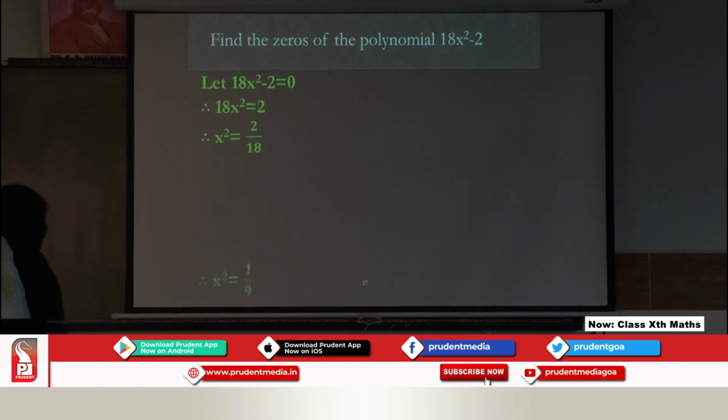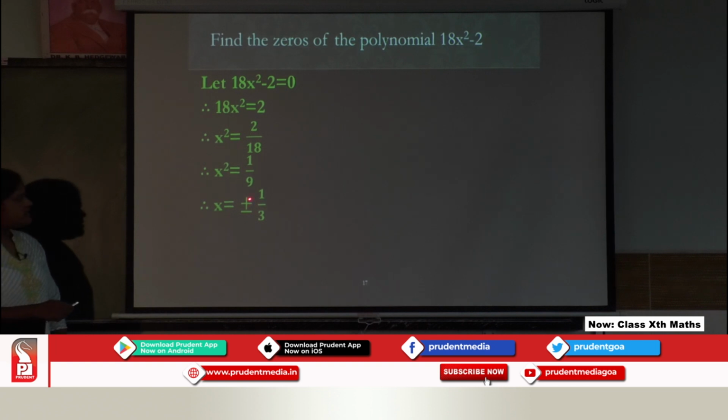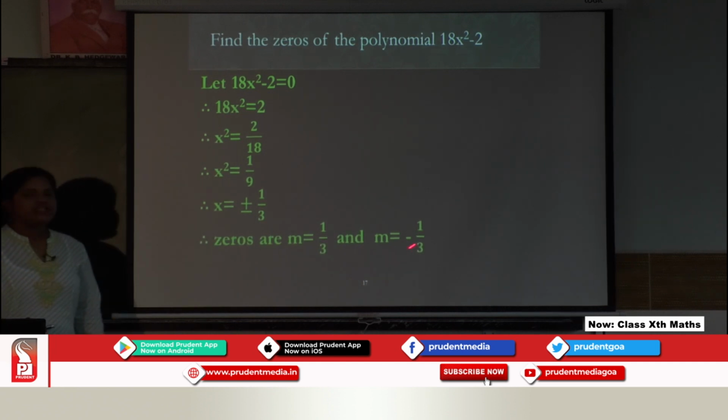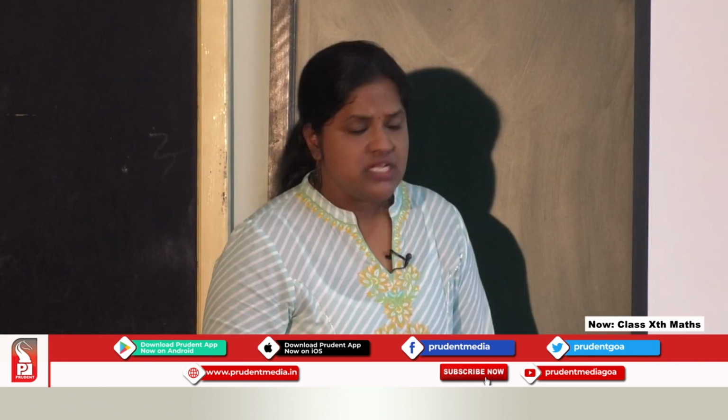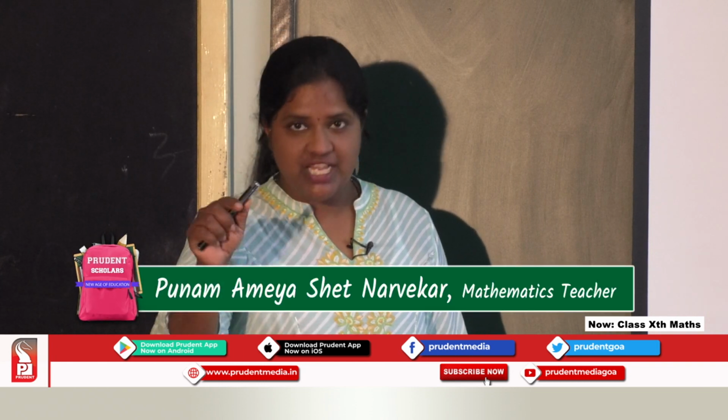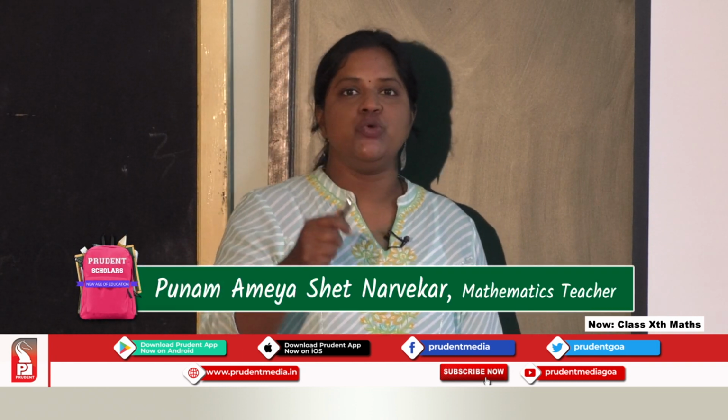After cancellation you will get x² is equal to 1 upon 9. Then with the similar method, square will change to square root, and the square root of 1 is 1 and the square root of 9 is 3. Whenever we find square root, we always have two answers, plus and minus. So here the zeros are m equal to 1 upon 3 and m equal to negative 1 upon 3.